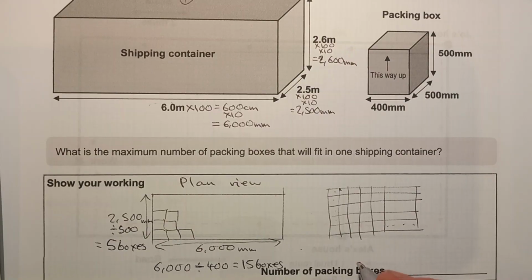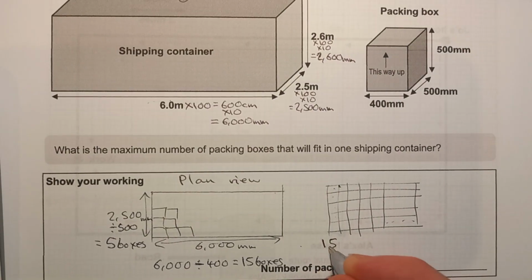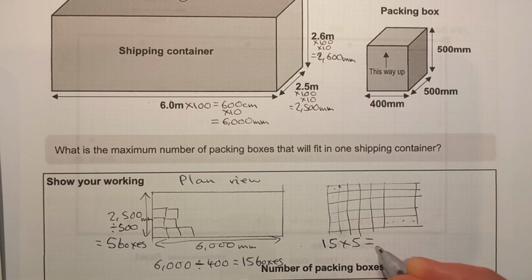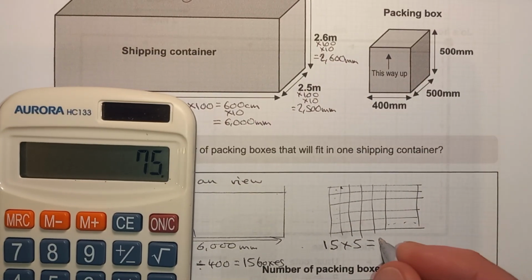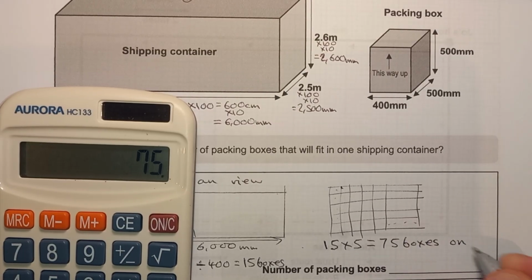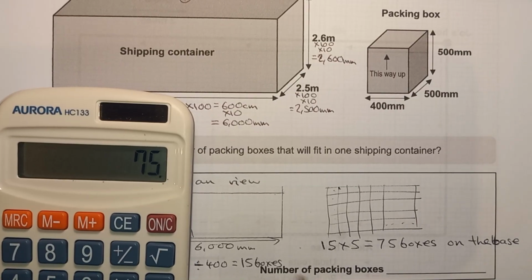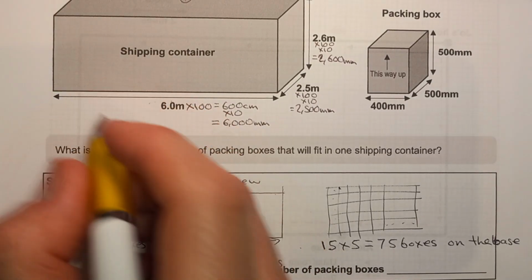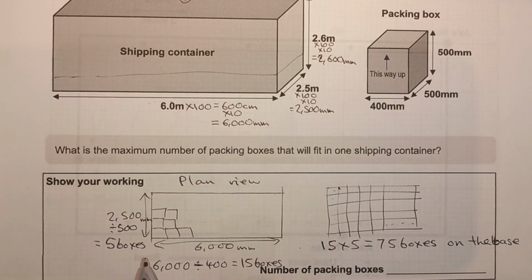So if we want the total number of boxes on one level, it's going to be 15 times 5, or 5 times 15, which is 75 boxes, and that's on, let's say, the base. So that's just one level. Okay, so say that comes up to here in the container.